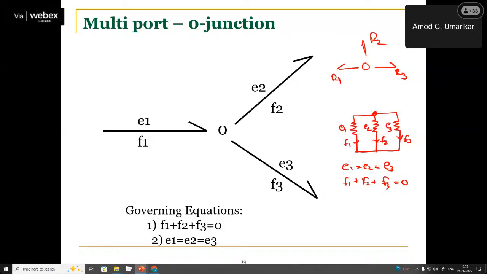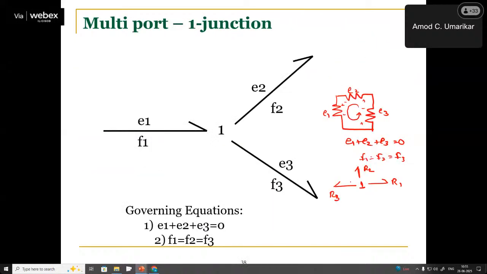For example, this has shown only 3 bonds, but this can be generalized to four or multiple bonds. E1 plus E2 plus E3 plus up to En is 0. Similarly, F1 is equal to F2 is equal to F3 is equal to Fn.